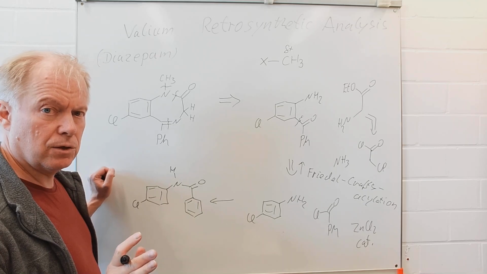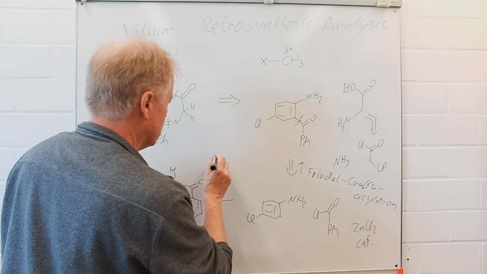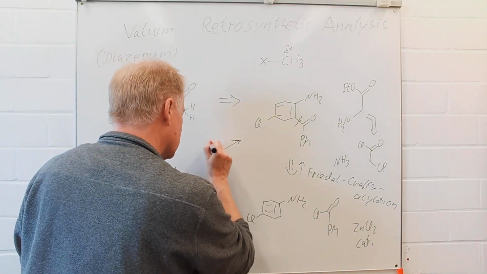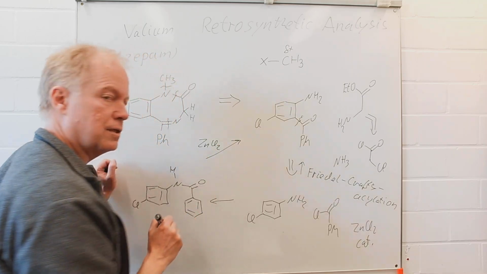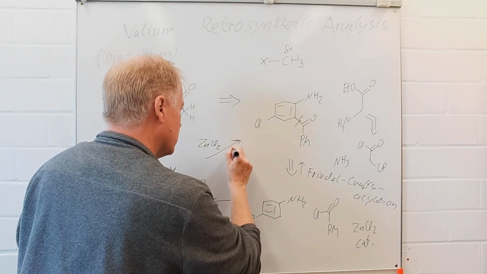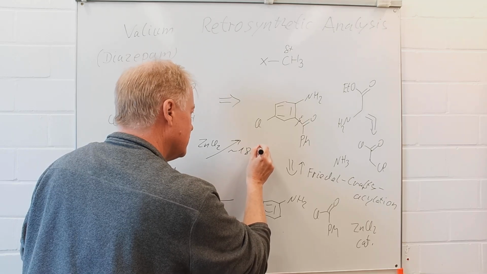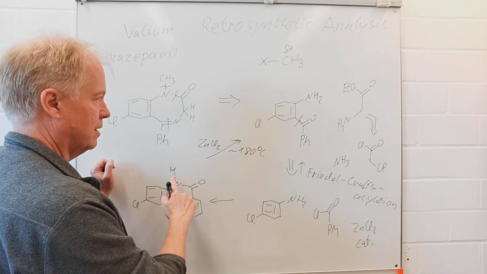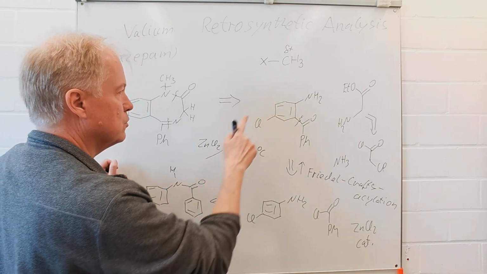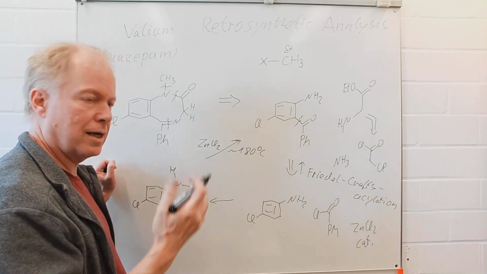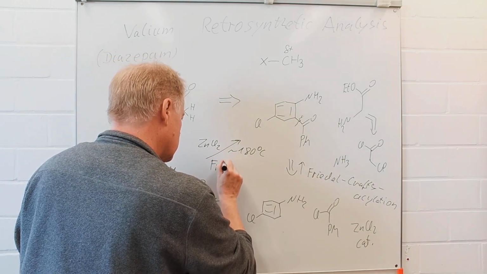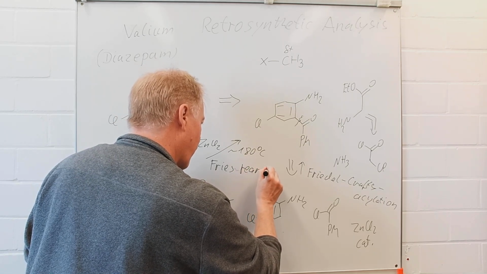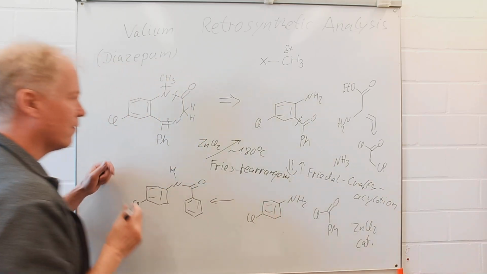But it is already known for maybe 80 years or so that the same Friedel-Crafts catalyst, zinc chloride, at elevated temperatures, at about 180 degrees, can catalyze this rearrangement from here to there, and this is one type of Fries rearrangement.